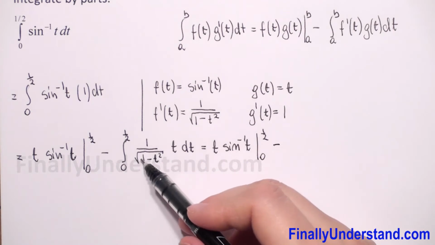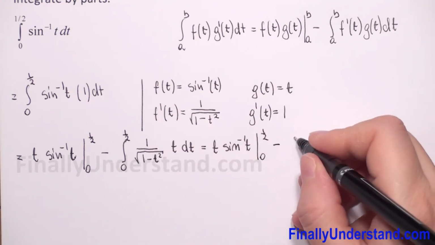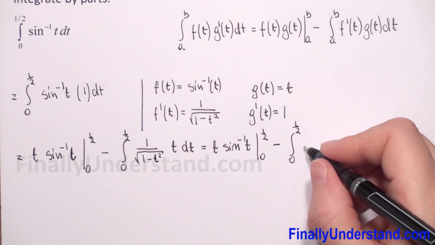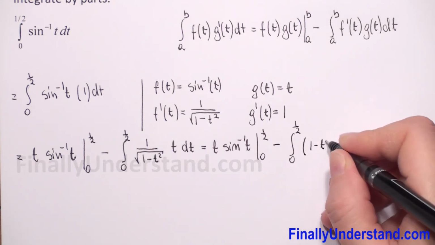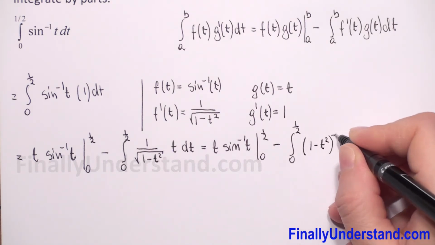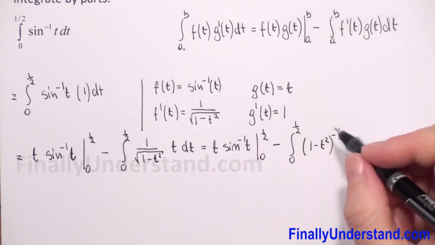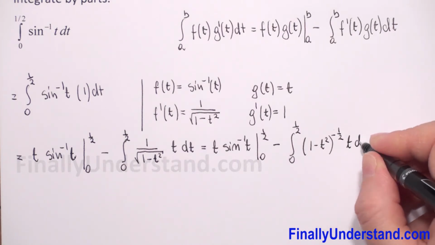Let me rewrite this. First, we can change the square root to power form. So we will have the integral from 0 to 1/2, and we will put 1 minus t squared to the power negative 1/2. I changed the square root to power form, times t dt.